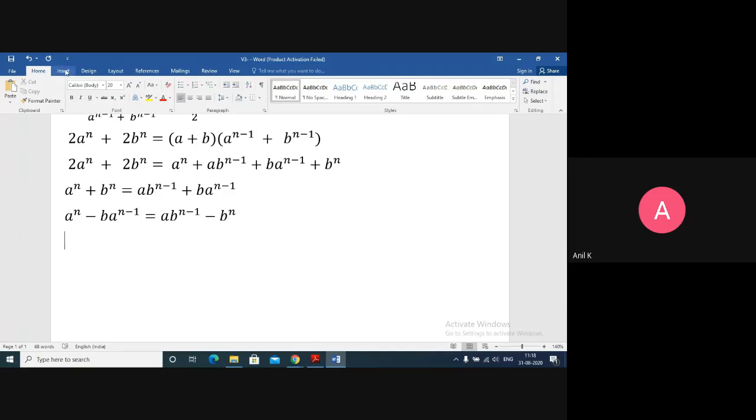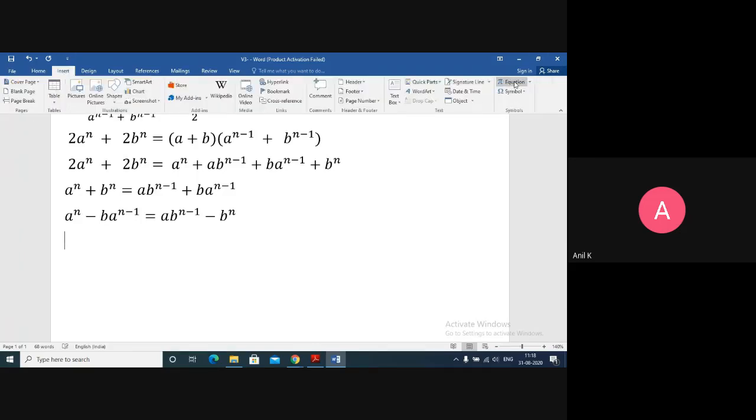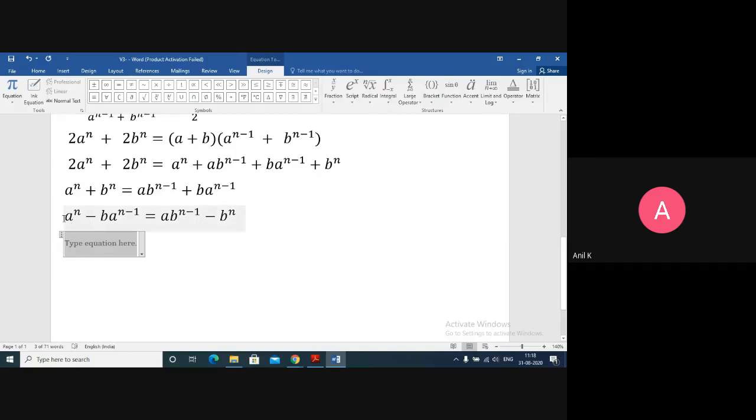I am doing so because from these terms, can I take anything common from a to the power of n, and from b into a to the power of n minus 1, can I take anything common? Yes. I think a to the power of n minus 1 will get common.